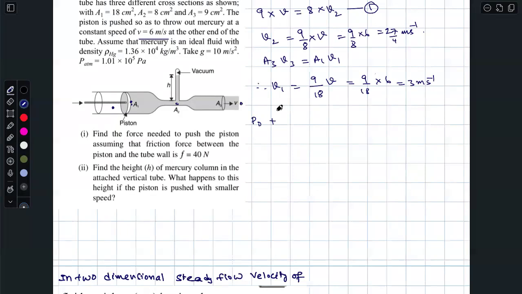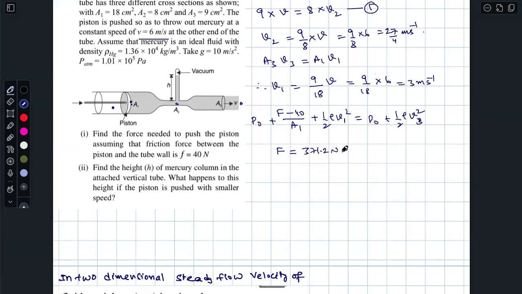P naught plus F minus 40 by A1 plus a half rho V1 square is P naught plus half rho V3 square. That is the best option. Every data is available to you. Now you use that, you will get F as the given answer. Can someone tell me what answer you will get? Nearly 371.2.